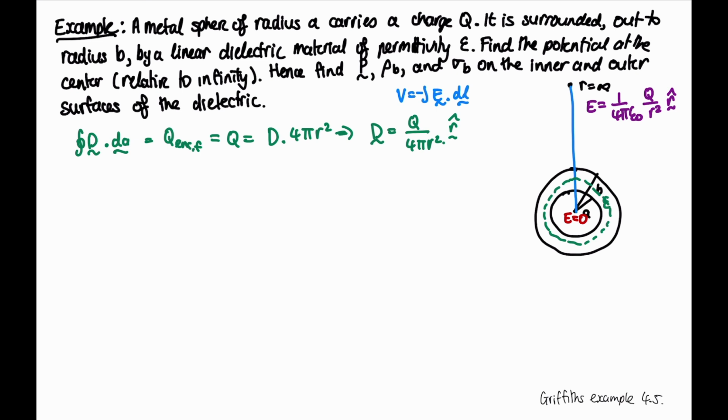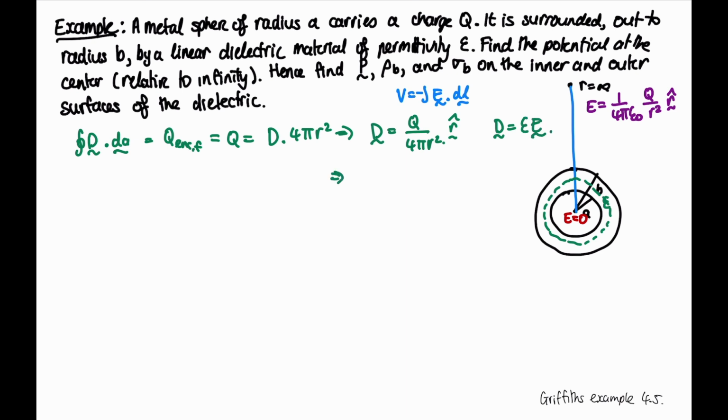What we need is our electric field. To get that, we can use our equation relating the permittivity and the displacement to the electric field, which is D equals the permittivity times the electric field.